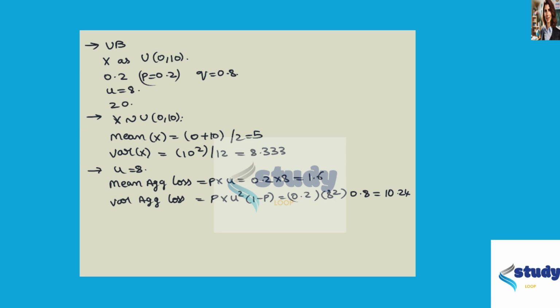So now, since we have 20 independent policies, calculate the mean and variance for the aggregate loss for all the policies. So the mean aggregate loss for 20 policies is equal to 20 into the mean of a single policy.